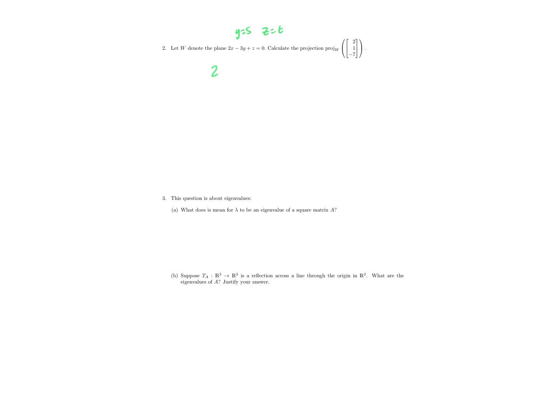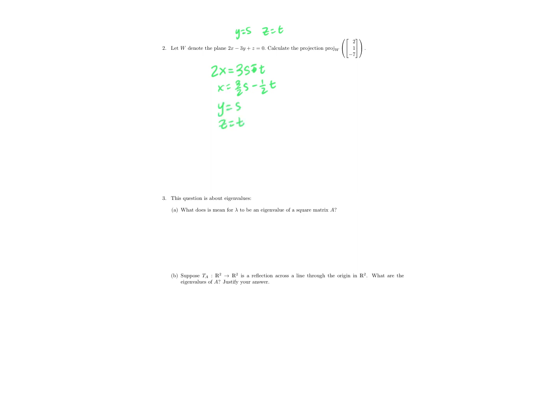So I'm going to get 2x is equal to 3s minus t. And so x is equal to 3/2 s minus 1/2 t, and then y is equal to s and z is equal to t.